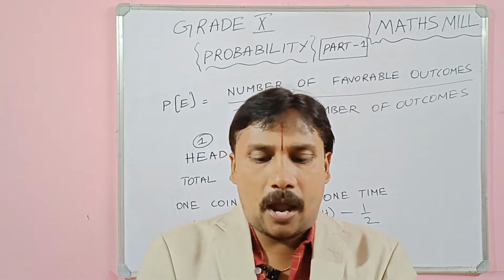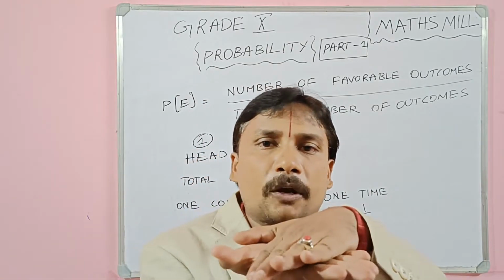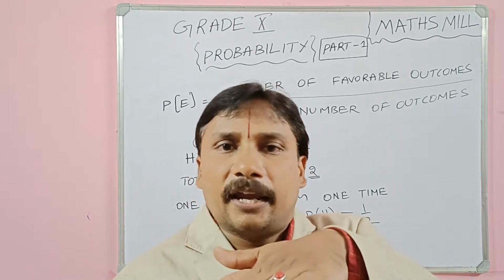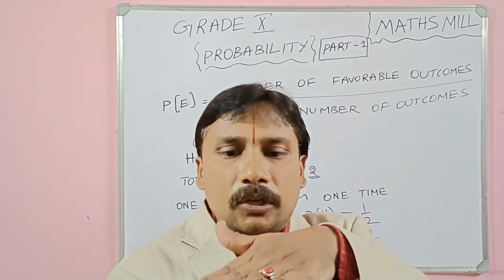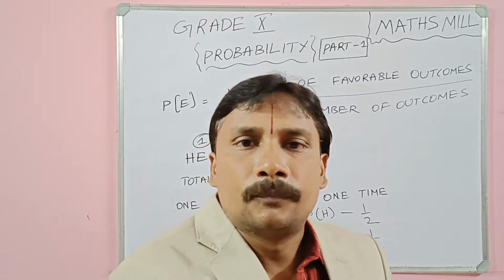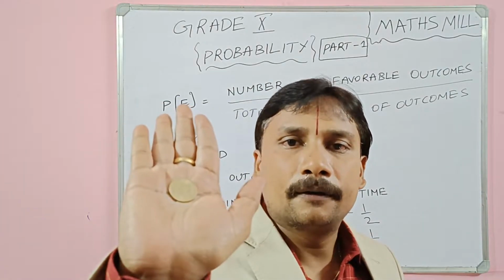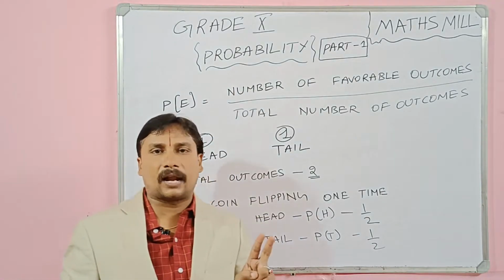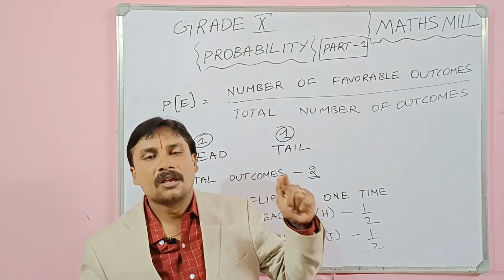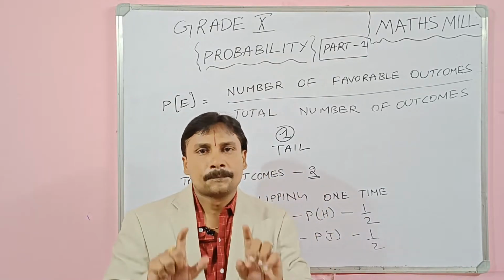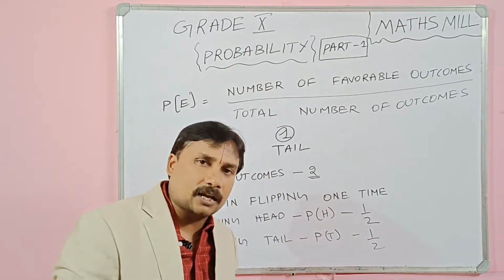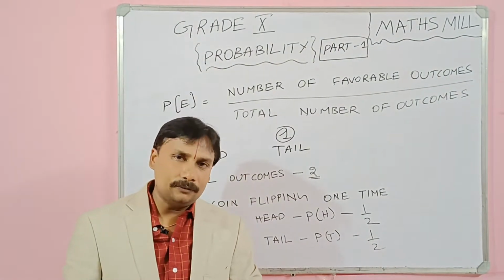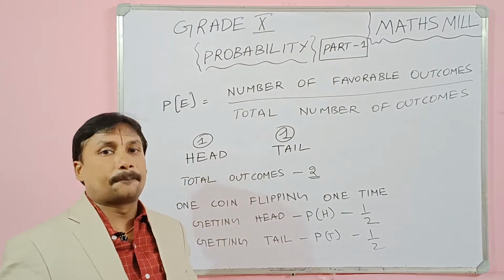If I flip a coin, what is on the top? Either head or tail, right? Here I got head, here I got tail. So out of 2 trials, exactly 1 I got. That is, 50% chance to get head and 50% chance to get tail. Is it clear? Hope you understood about probability.